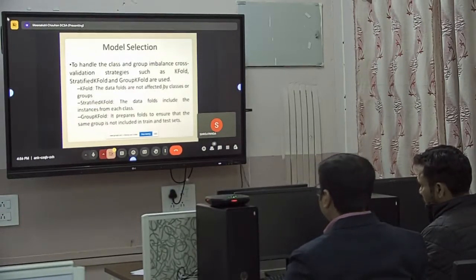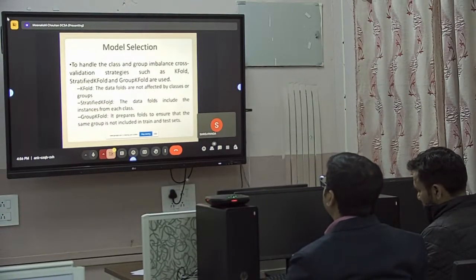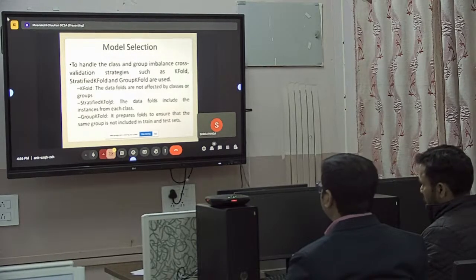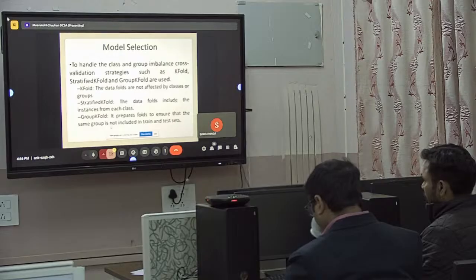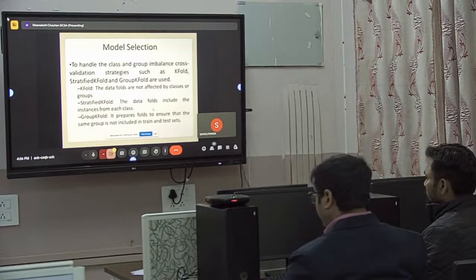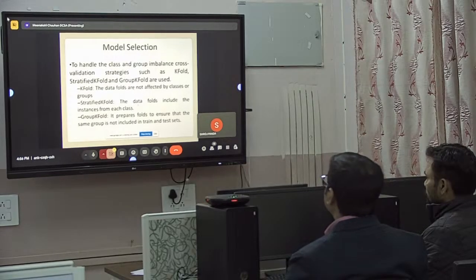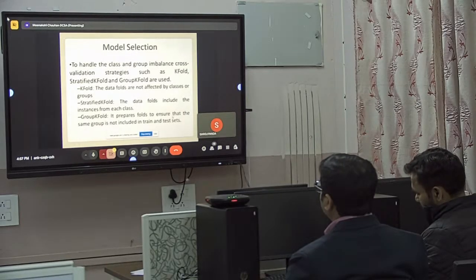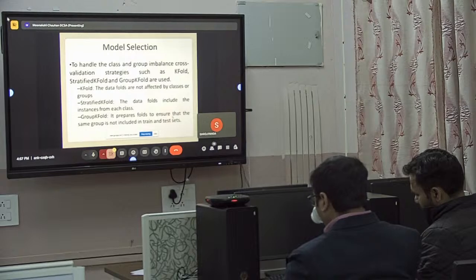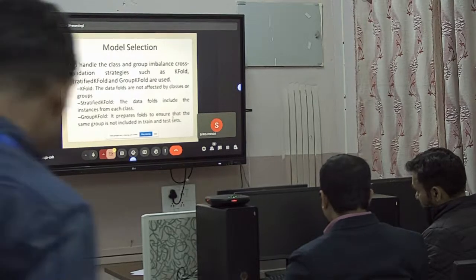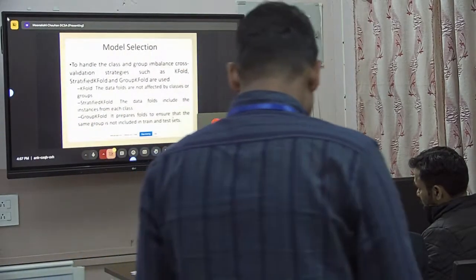In stratified K-fold, first of all, it prepares strata by including an equal proportion of each class, yes and no, and then the train and test folds are prepared with these strata. And in group K-fold, it prepares groups, and when it divides data into train and test, it ensures that the same group will not be included in both train and test.